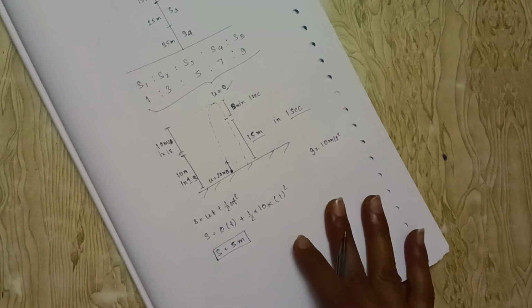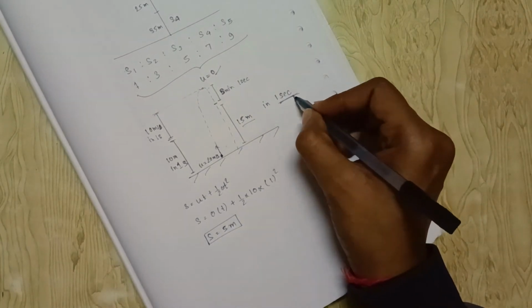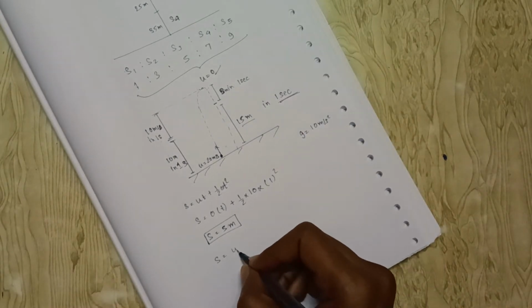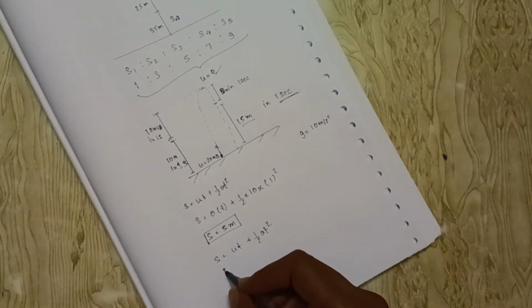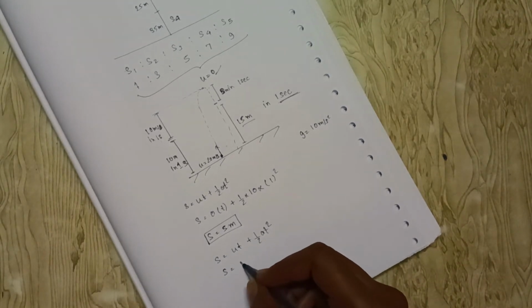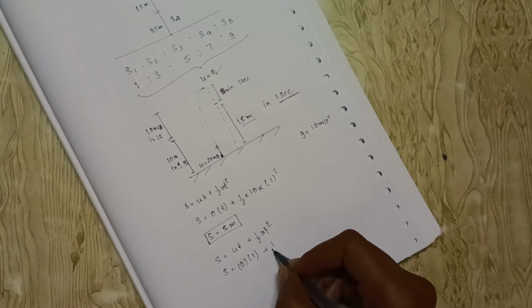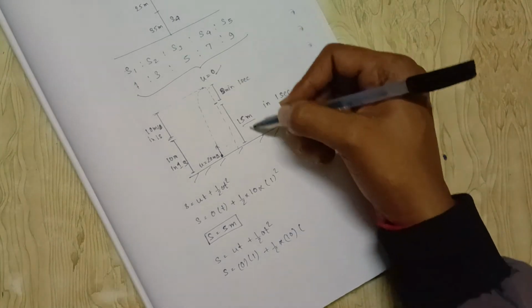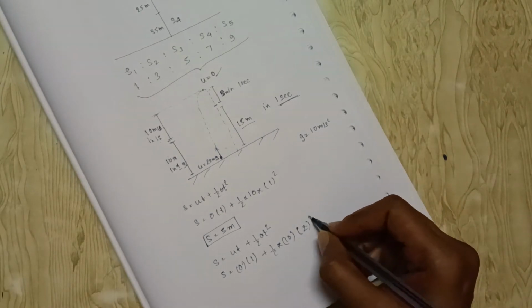And then if you calculate for the next second, s equals ut plus half at square. The initial velocity is 0, and half into acceleration 10, and for the whole time, that is 2 second, 2 square.